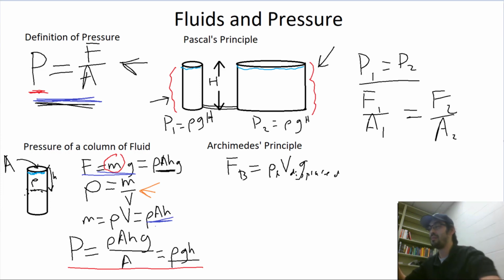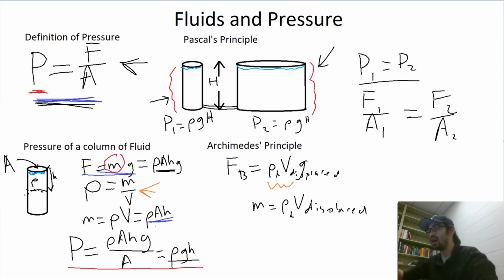Now this is kind of interesting in and of itself because we had this relationship before between density and mass. And so what we can do is take this portion here and ask ourselves what is the mass that's associated with this. So this is going to be some m is equal to rho L times V displaced.